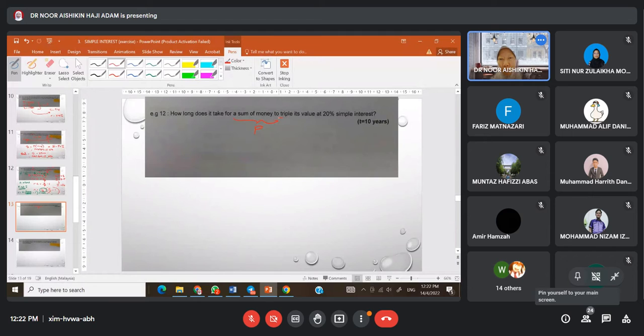To triple its value, maknanya S equals 3P. 3 times P, triple. S adalah 3 kali whatever principal amount yang you invest. R is 20%. We want to find T.